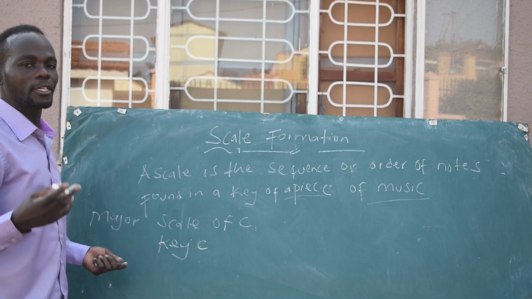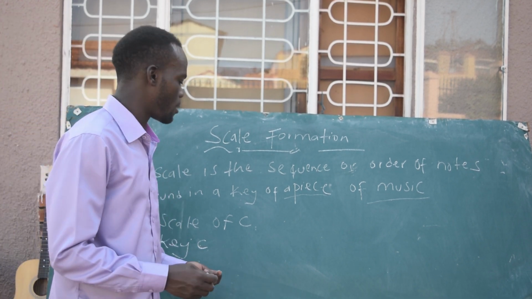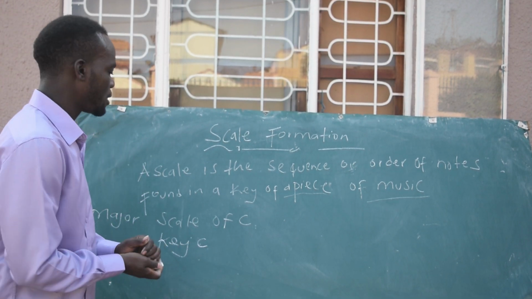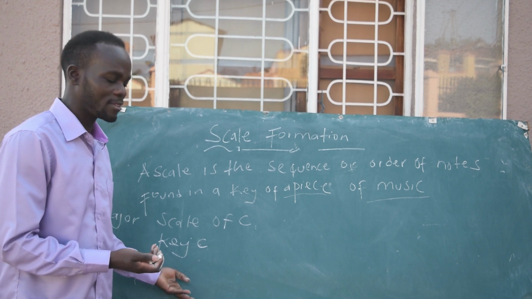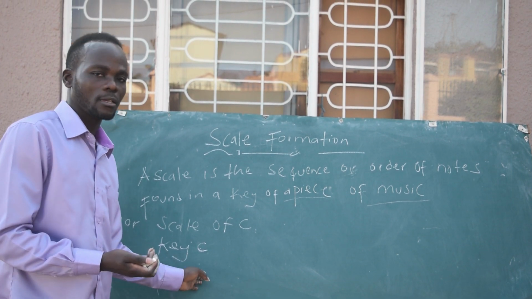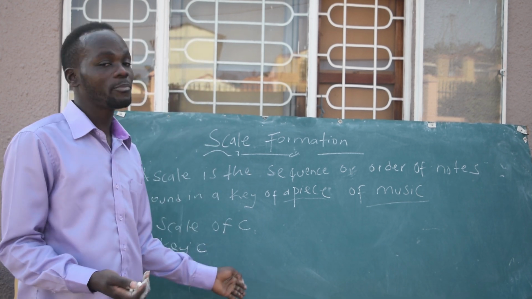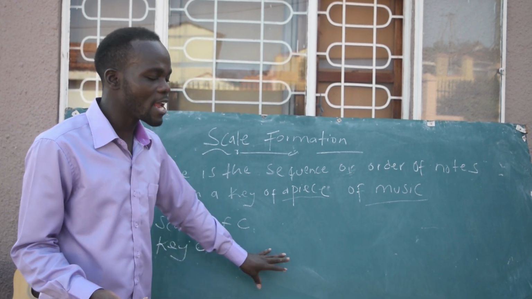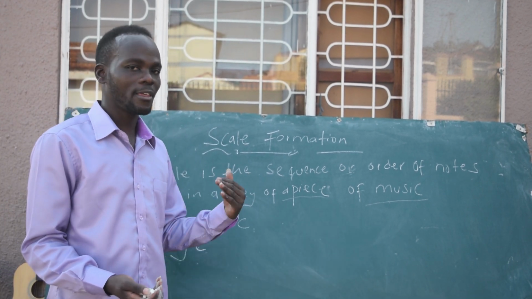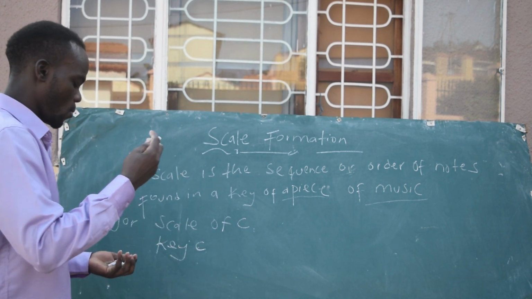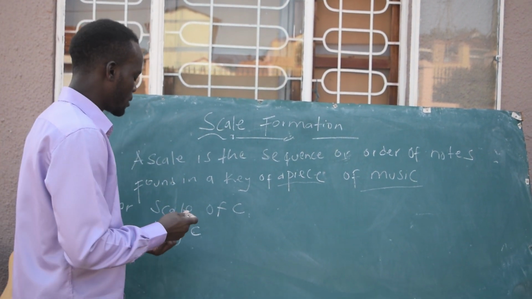So now, what you do to form the major scale, you make sure that you write the notes from C up to C. Now, from do up to do, all the notes that are in between, you write them. Then I'm going to show you what we can do next. Right.